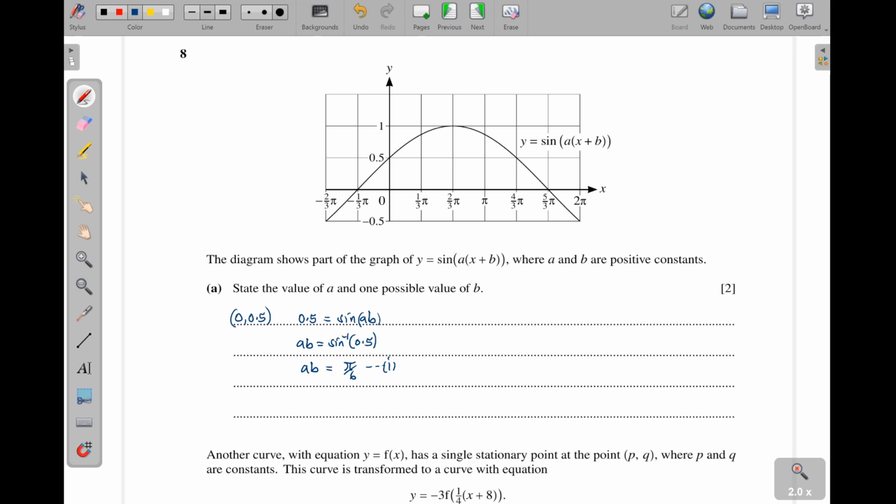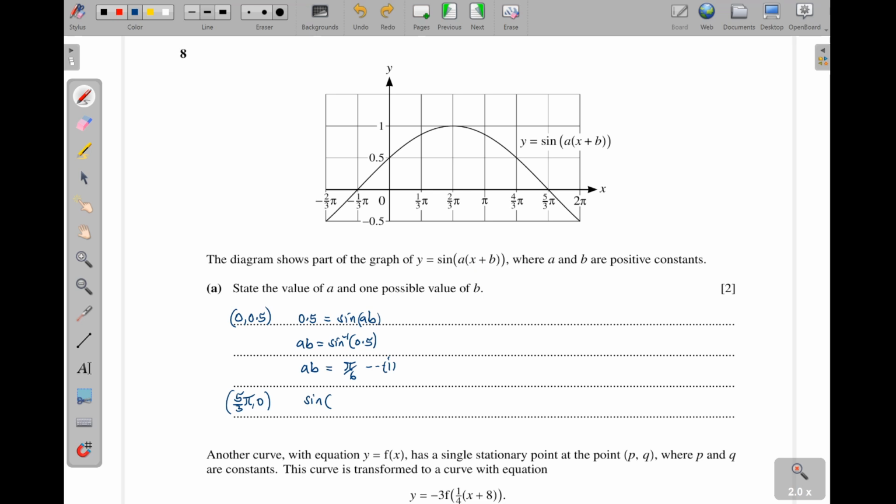Then we can also look at another coordinate. There is this one here. This curve cuts the x-axis at this point here, so we have (5 over 3 pi, 0). So y is 0. So I'm substituting here again. We have sine of (ax + b).